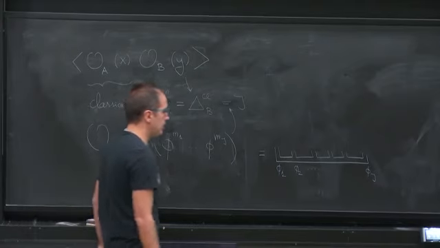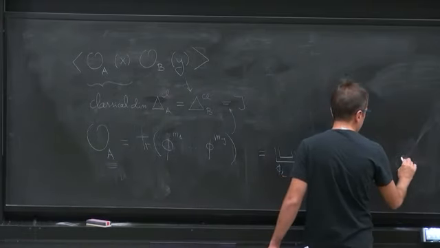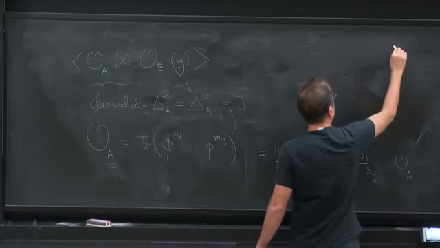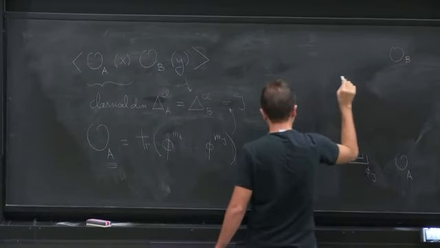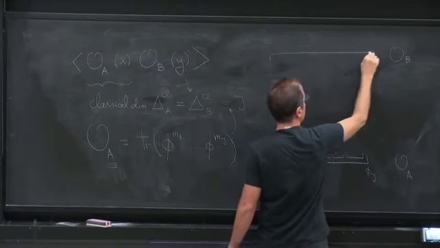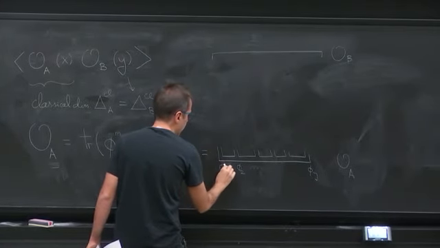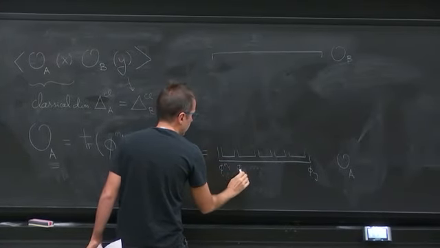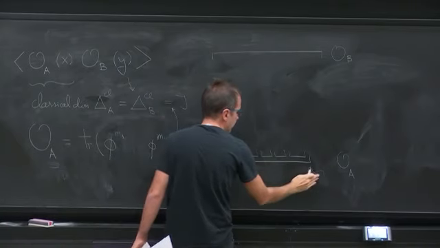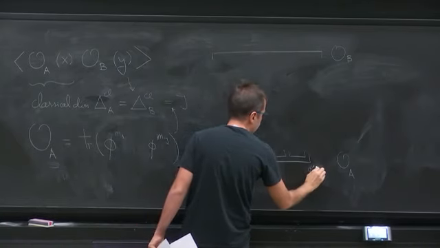And this would be my operator O_A. Sorry, I wrote 1, I meant phi_m1. Phi_2 is phi_m2, it will be one of the 6 scalars. And phi_j is phi_mj.